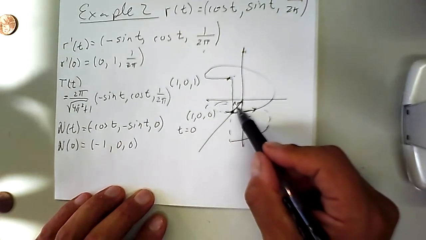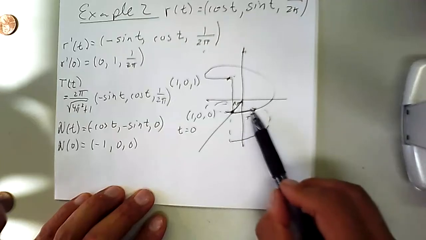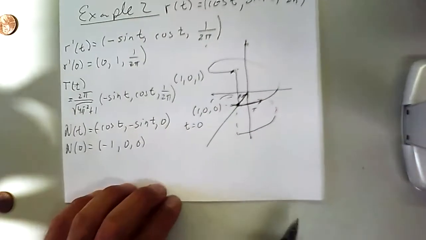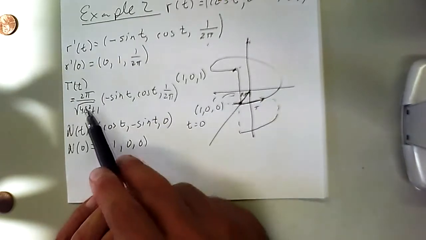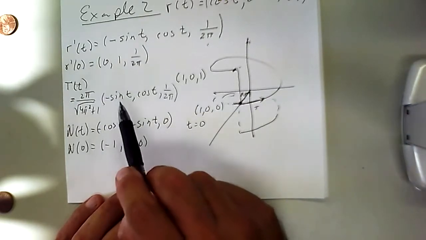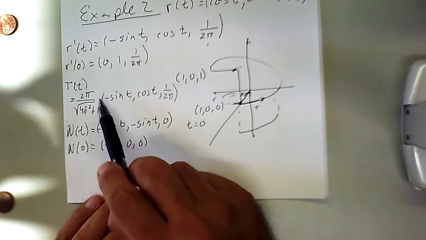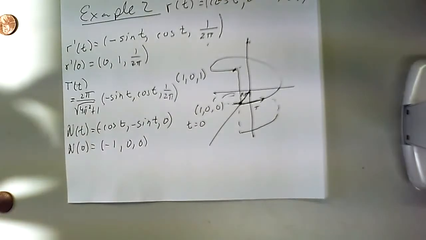So that's what's telling us a little bit about its motion going upward. The tilt itself is given by the unit tangent vector.